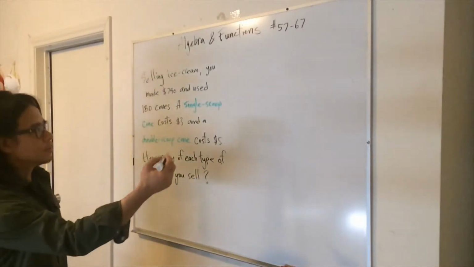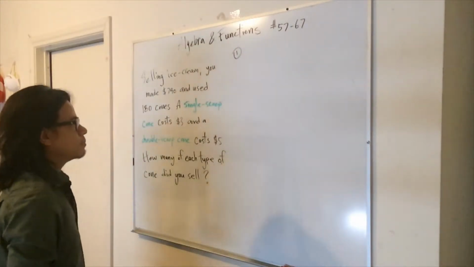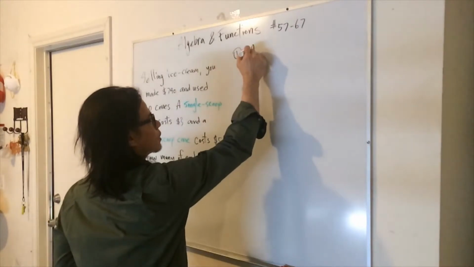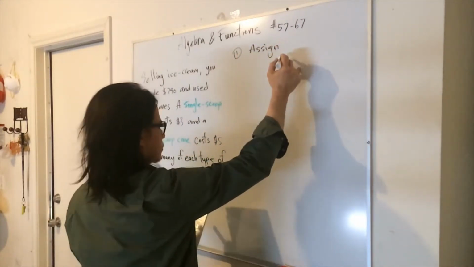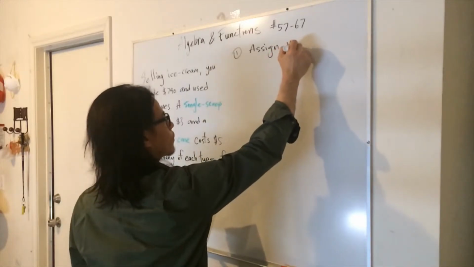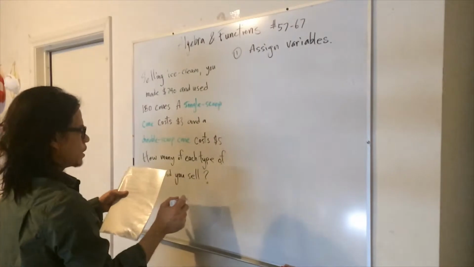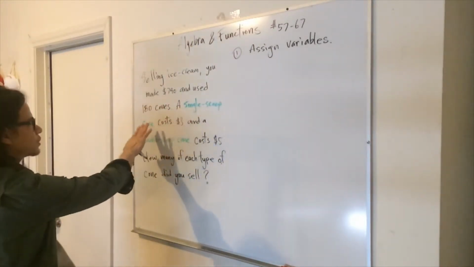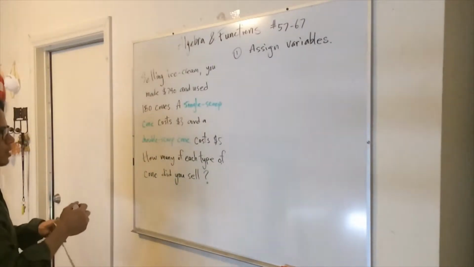Okay, so in order to do this, we're going to divide it up into a couple steps. The first step is to assign variables. One variable will represent a single scoop cone and another variable will represent the double scoop cone.